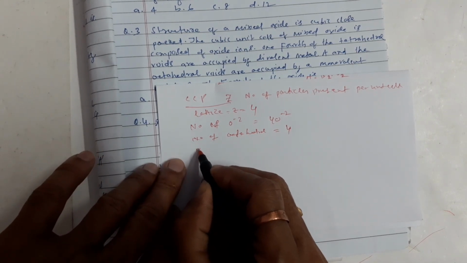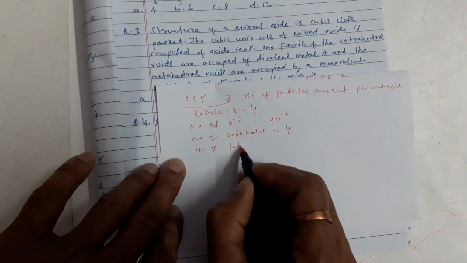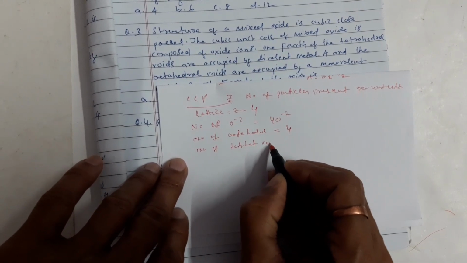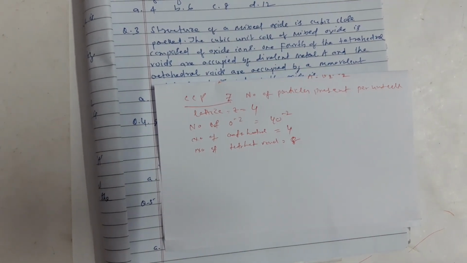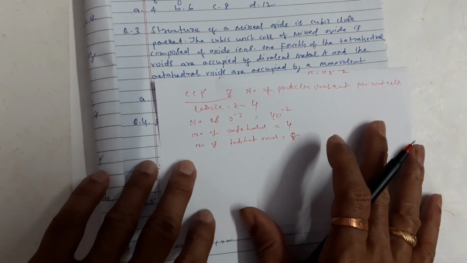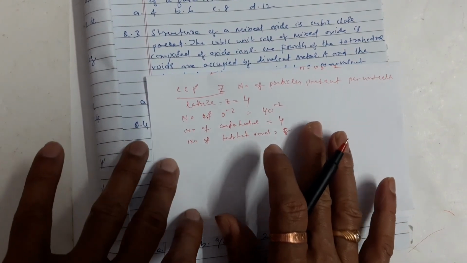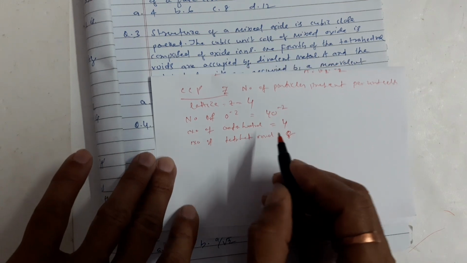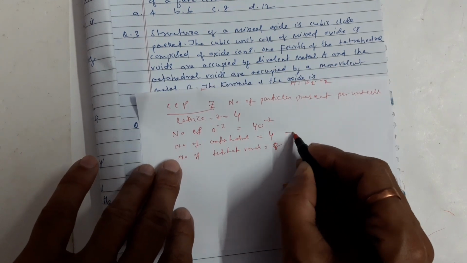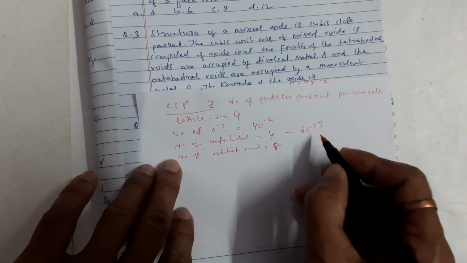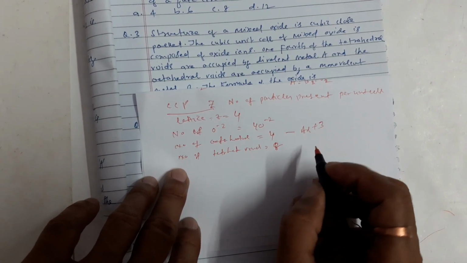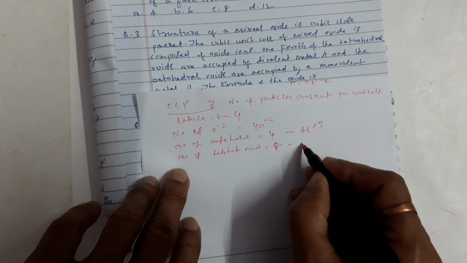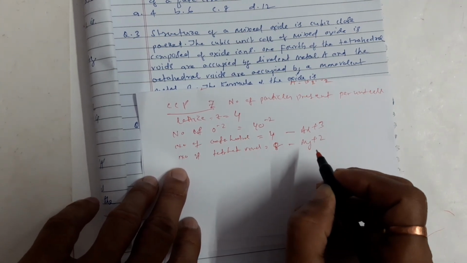Then the number of tetrahedral voids is double that number, it is 8. Next, m fraction of octahedral voids is occupied by Al plus 3 ions, and tetrahedral voids by Mg plus 2 ions.